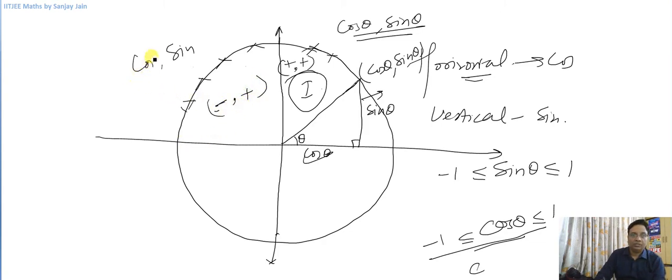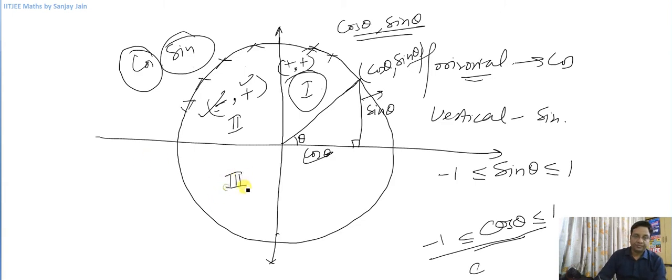So cos will be negative in second quadrant and sine will be positive in second quadrant. In third quadrant here, both the coordinates are negative. So cos is negative and sine is negative in third quadrant. And in fourth quadrant, x is positive and y is negative. So cos is positive in fourth quadrant, but sine is negative.